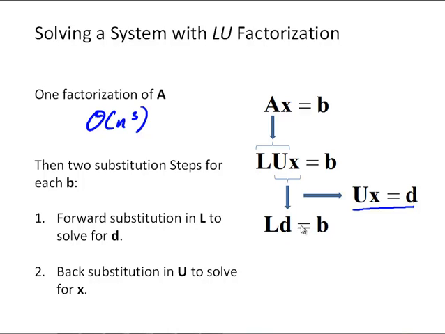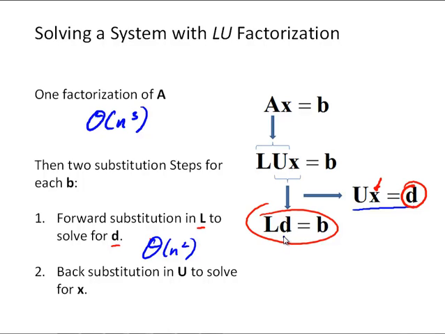So in order to do that, before we can solve for X, we need to solve for D. So the first system that we solve will be LD equals B. So we do forward substitution in L to solve for D, and that's going to be order n squared because it's a substitution algorithm only.